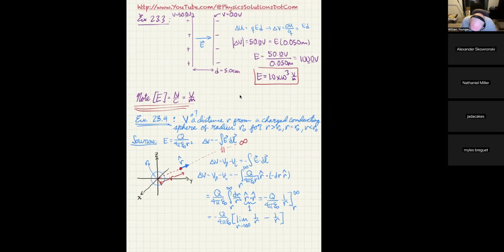So what we see here is the limit of 1 over r as r approaches infinity is in fact 0. So we get a negative times a negative, which gives us a positive, and that means we get q over 4 pi epsilon naught r, and that is the actual voltage. So V equals q over 4 pi epsilon naught r for r greater than r0, and that's our part A.